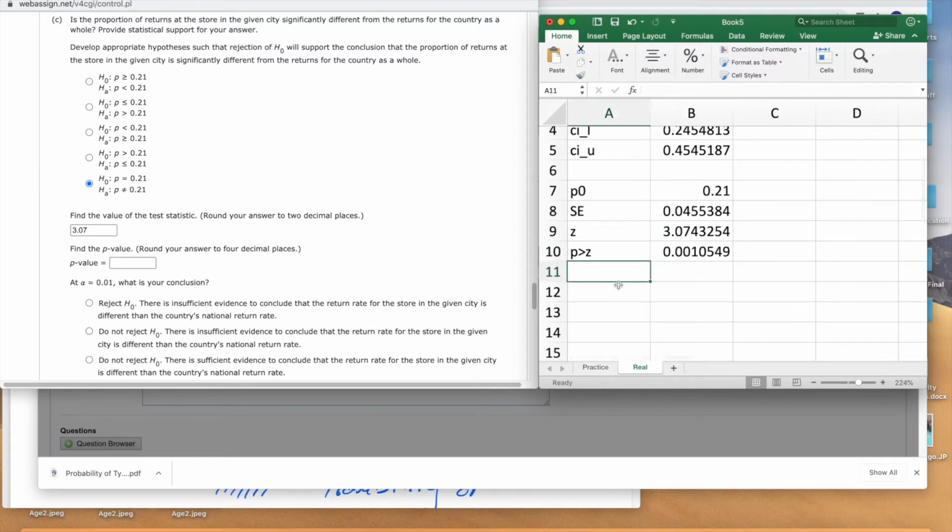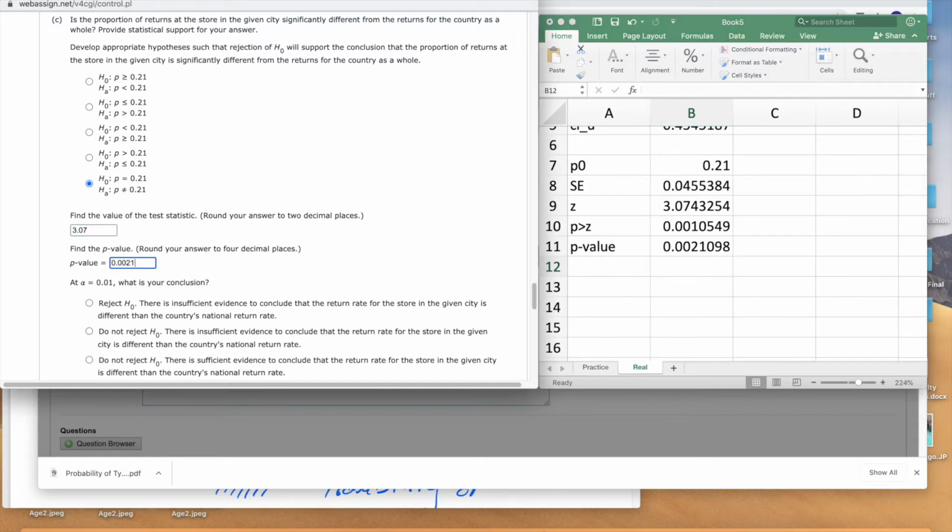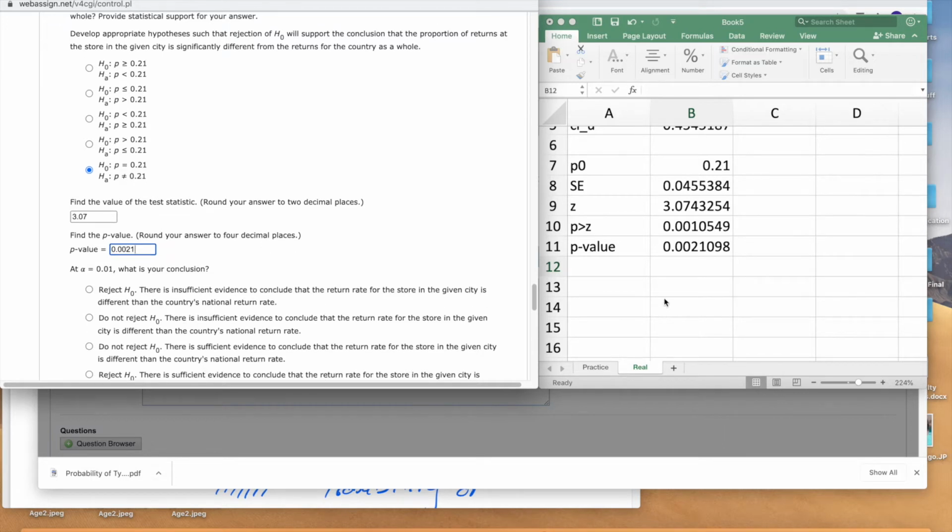Now we're ready to calculate our p-value. I would stop there if I was doing a one-tailed test, right? But I'm not. I'm doing a two-tailed test, which means I have to multiply the one-tail p-value by 2. So that's going to be 0.0021. And that's less than alpha, right?